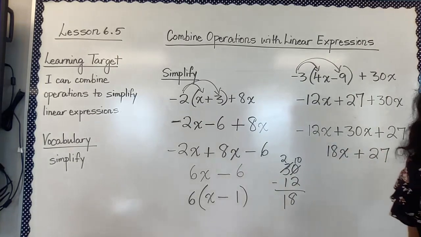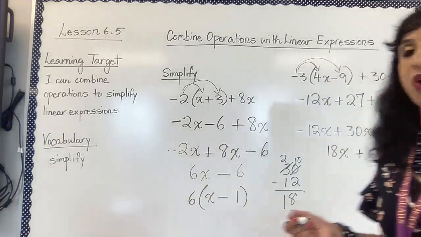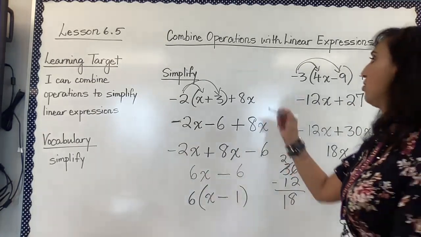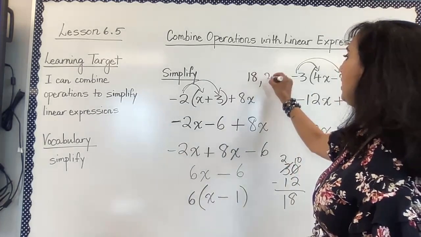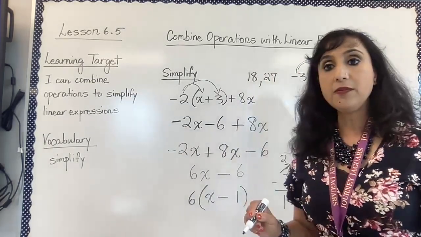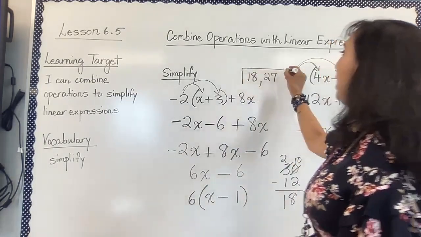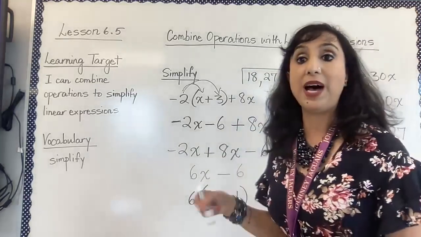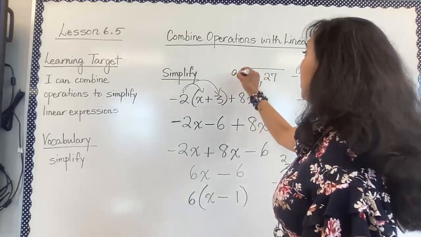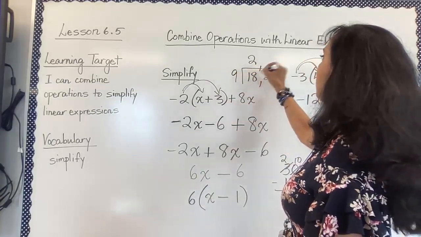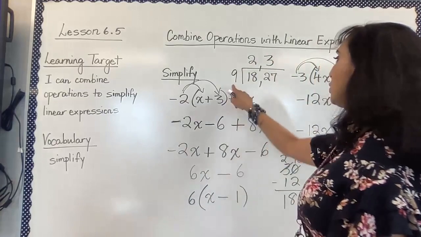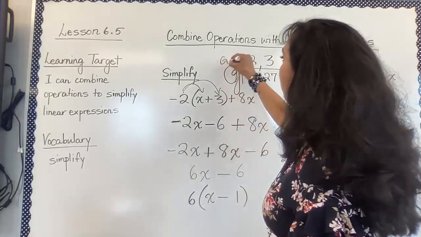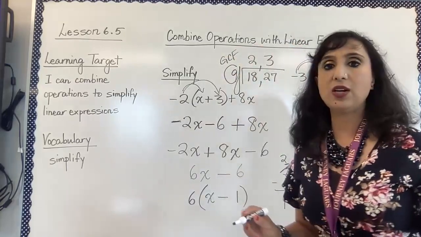Then I am going to factor it out and see what my greatest common factor is. To find it, I look at 18 and 27, and I know that both are divisible by 9. If I do 9 here, I get 2 times 9 and 3 times 9. So this 9 is my greatest common factor.